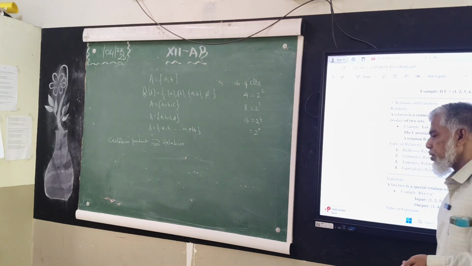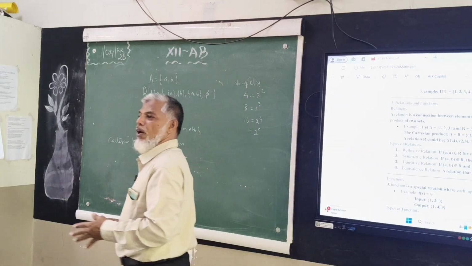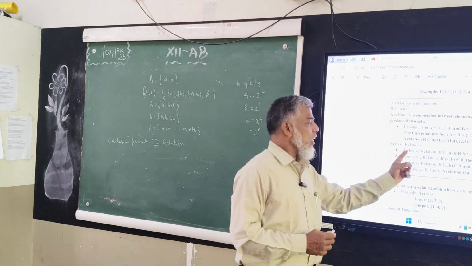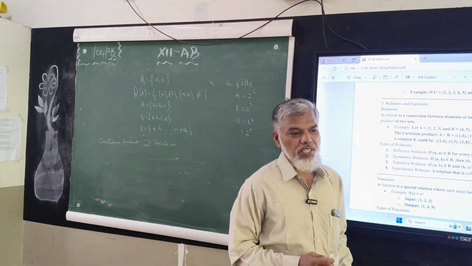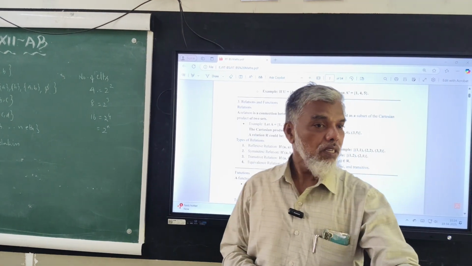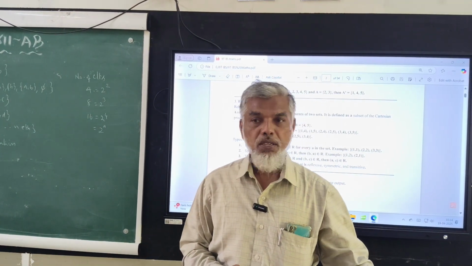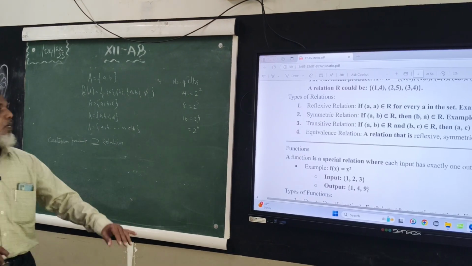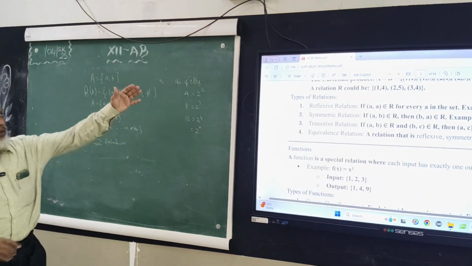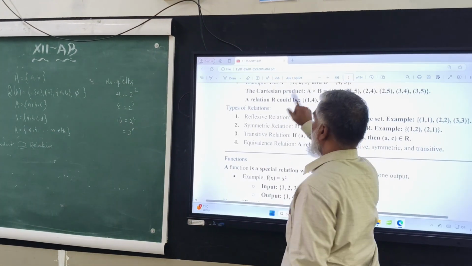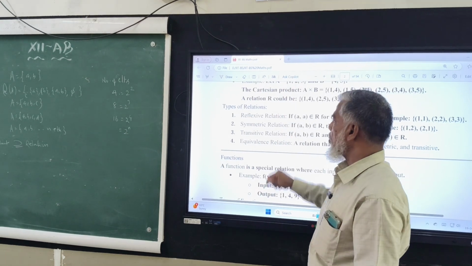The next concept is the types of relations. Now we are going to study in detail about relations. First is the reflexive relation. Now, you know the definition of the Cartesian product, and a relation is a subset of a Cartesian product.